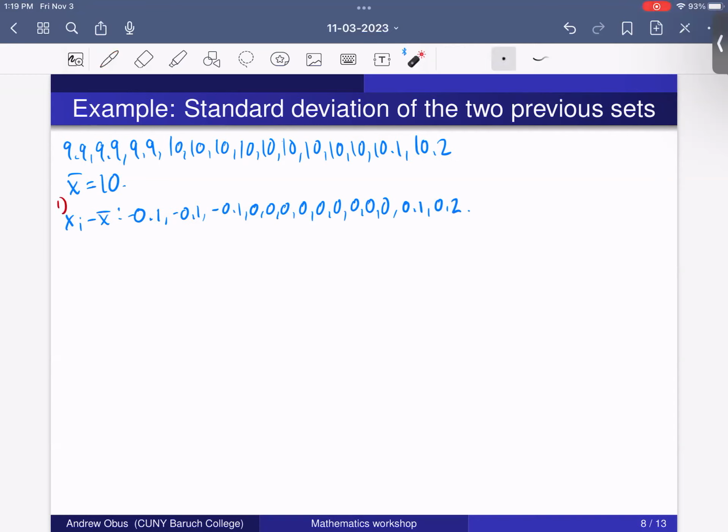We write down all the deviations from the mean. The second step, remember, is we take the average of all of the squares.